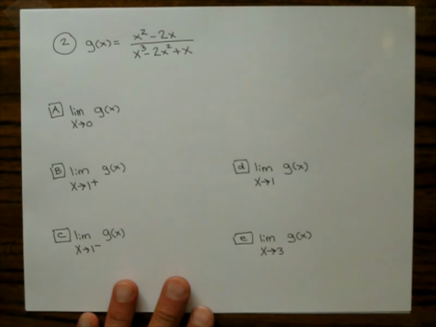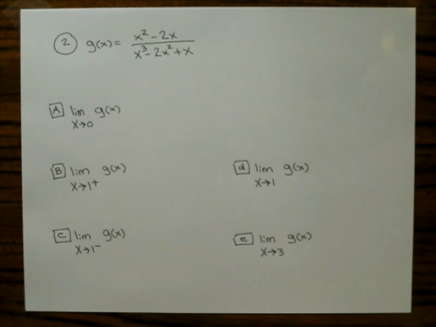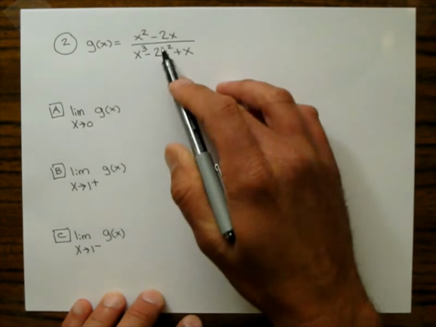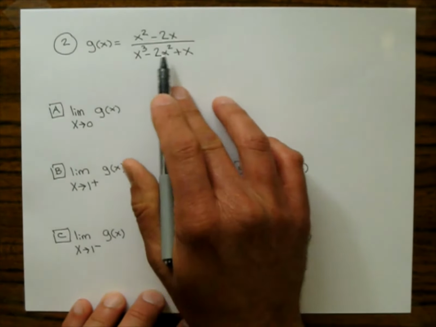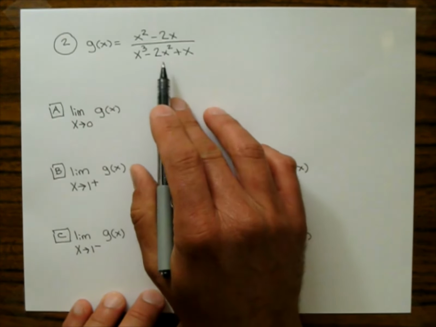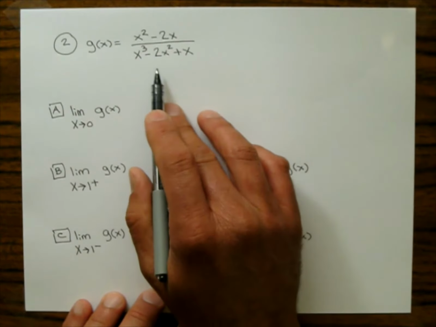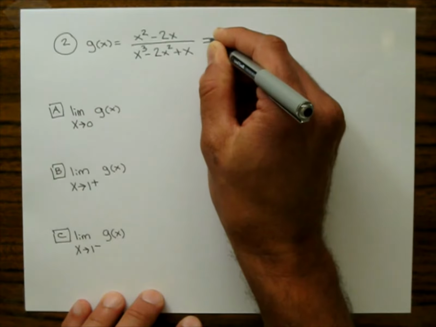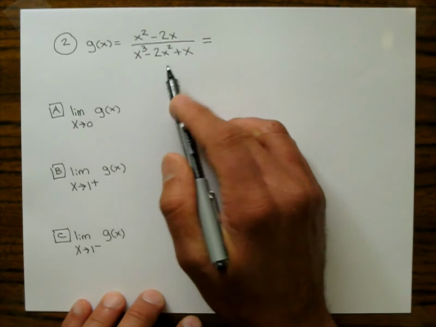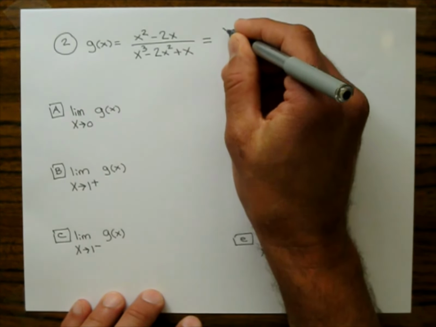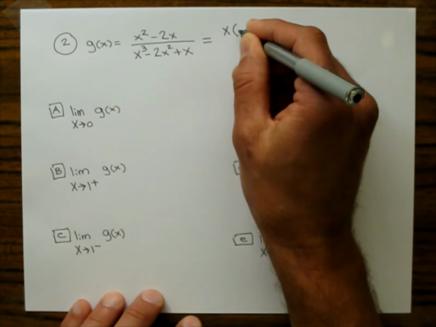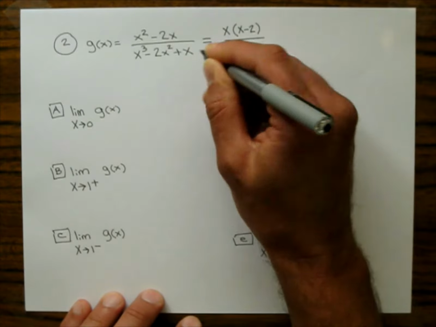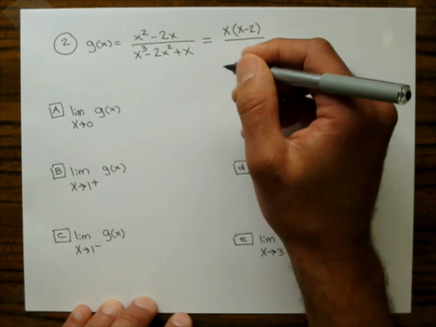And that rational function does look kind of bad. Before I start throwing numbers in there, I'd like to see if this graph has holes in it, meaning is there any canceling? Can I simplify this rational expression? The first thing you might want to do is factor the top, factor the bottom. An x factors out of the top, and so this gives me x minus 2 times x. And an x factors out of the bottom.